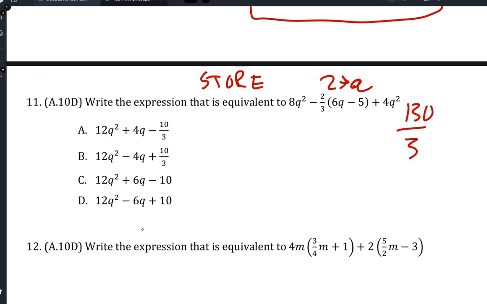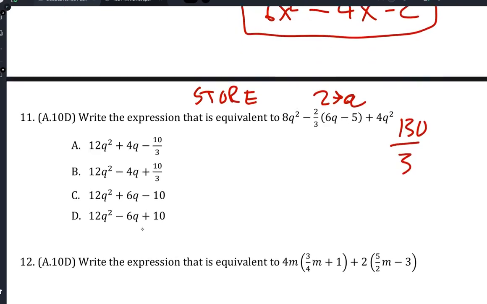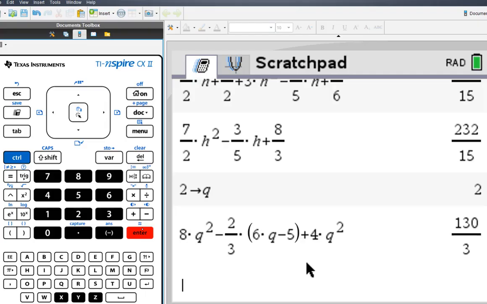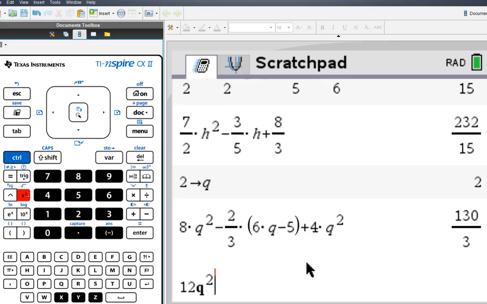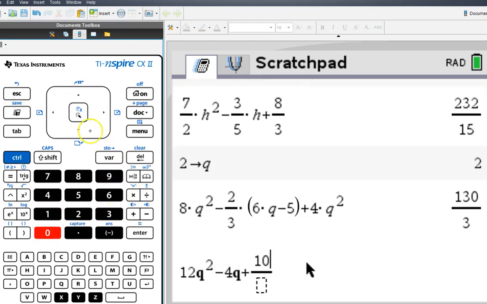Now then, 8 plus 4 is 12. It has to have 12q squared, and then 2/3 of 6 is 4. It's going to be a negative 4q, so let's try B. So we're going to type in B. So B is 12q squared minus 4q plus 10 divided by 3, control divide 10 over 3.